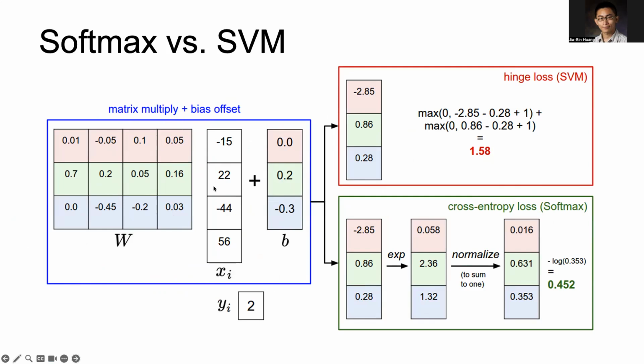That's 3 classes, and for each class you have a score. Based on that score, you can use different loss functions to quantify how happy you are. You can either use an SVM-based method or a softmax-based method.